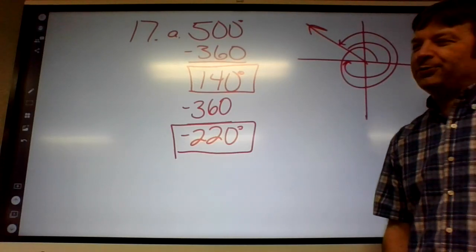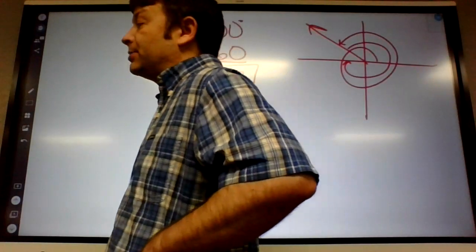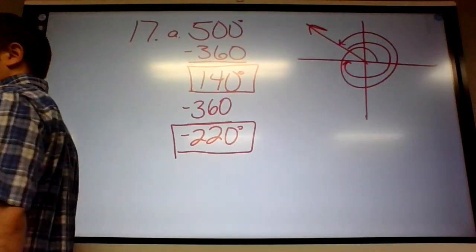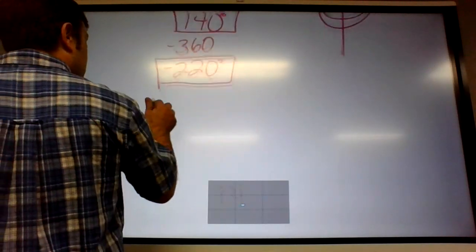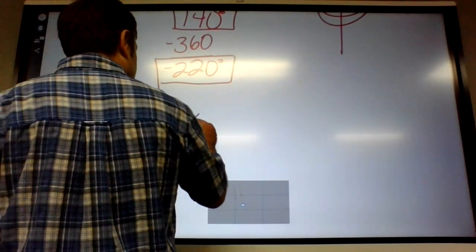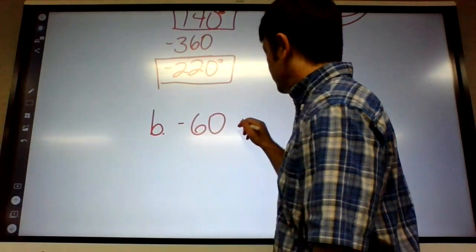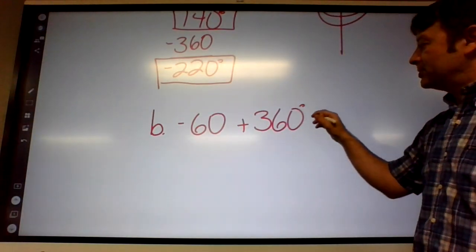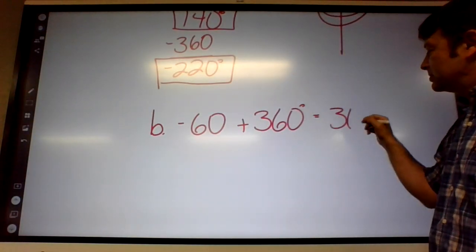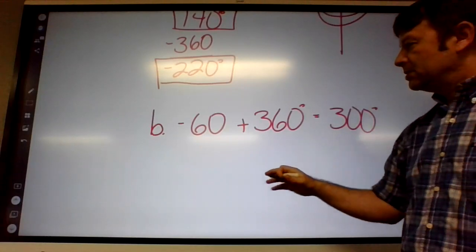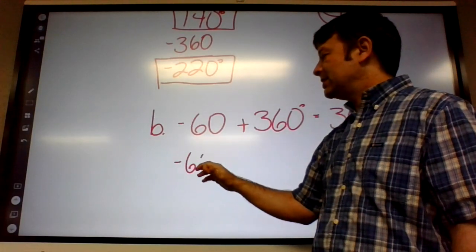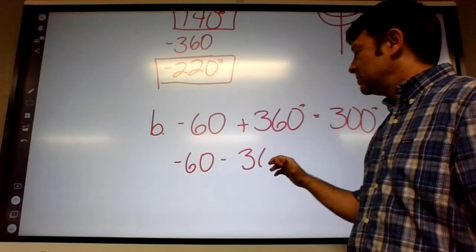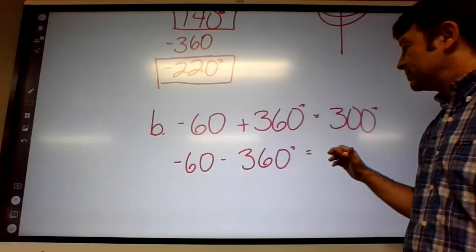So you just add or subtract 360 to get an angle that stops at the same spot. So B is negative 60. To get a different positive angle that stops at the same spot, you add 360, and to get a different negative angle, you subtract 360.